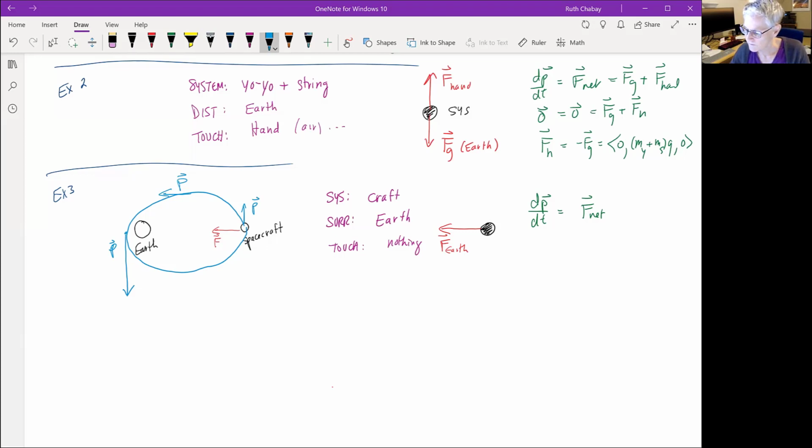And so it's a much more interesting situation. In fact, from this vector relationship, we know that dp dt is not 0 and it's numerically equal to the net force acting on it. We know the direction of the net force because we put it in the model, that's the Earth.